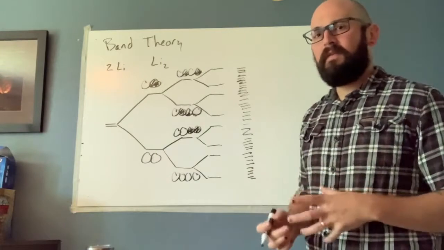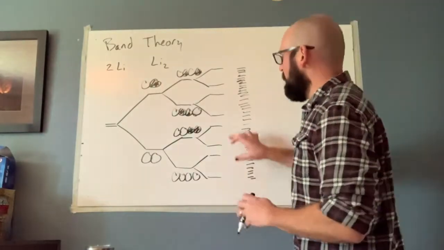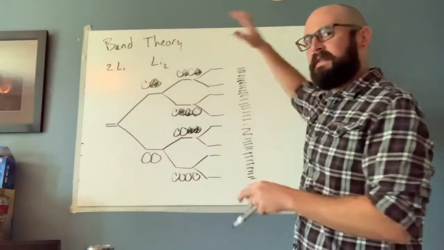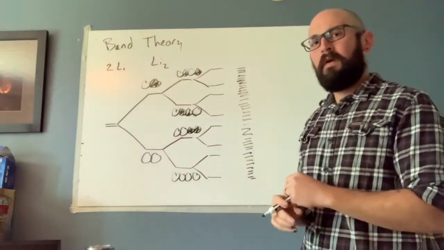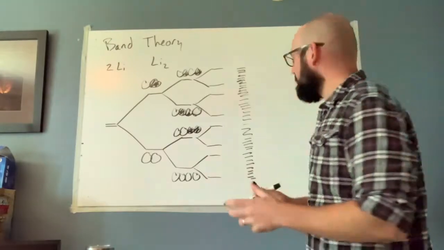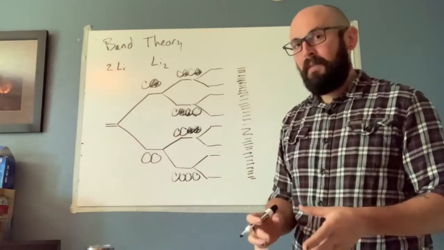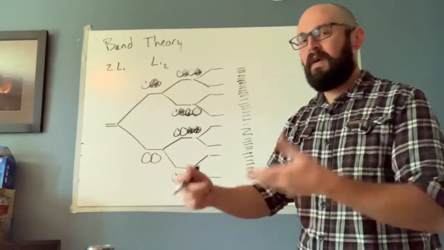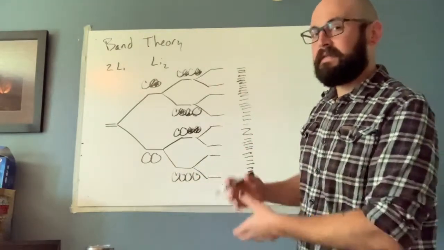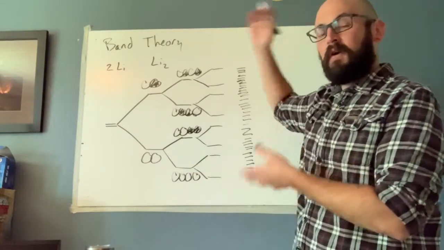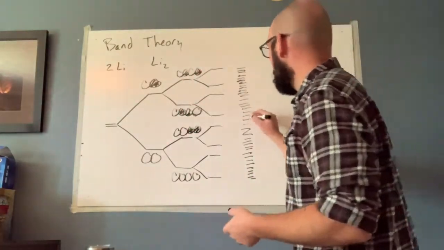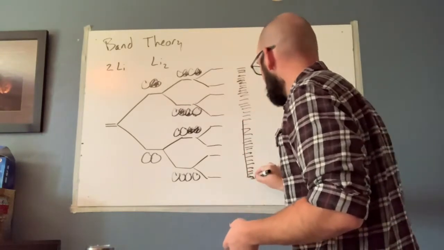The idea of band theory then is based upon the separation between the bonding orbitals versus the anti-bonding orbitals. For our metals in particular, the band gap, that's the separation between our bonding orbitals and our anti-bonding orbitals, or what's referred to as our valence band and conduction band.